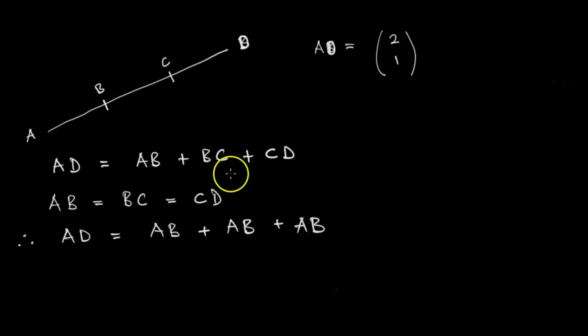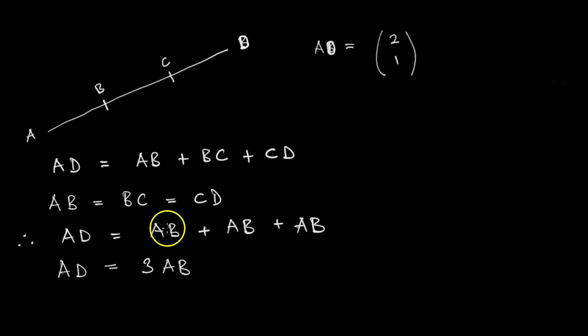What happened here is that since AB is the same as BC and CD, we replaced BC and CD using AB. And from here, AD is equal to AB plus AB plus AB, which equals 3AB, like that.